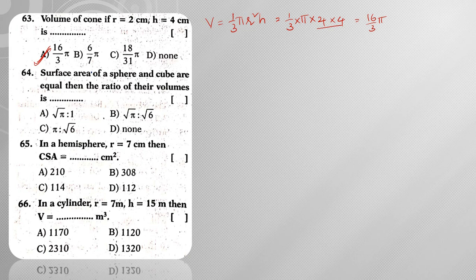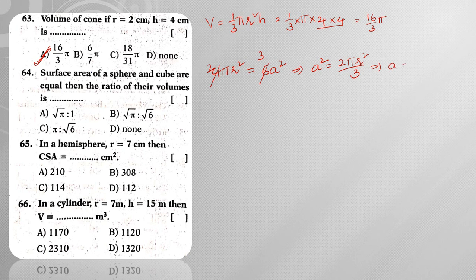Surface area of sphere and cube are equal. So surface area of sphere is 4 pi r square is equal to surface area of cube. Surface area of cube is 6 times a square. Then the ratio of their volumes is asked, right? So this goes 3 times and this goes 2 times. From this, what is the value of a? Value of a square is equal to 2 pi r square by 3, right?